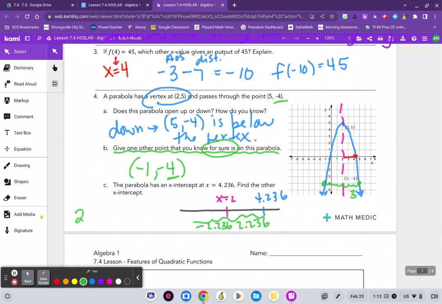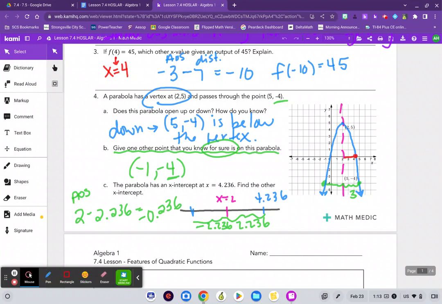That's my axis of symmetry, 2, and I subtract that distance, 2.236. When I do that, I get -0.236. Again, I'm using this number line to help me identify what the other point would be with that same distance away. I'm using this axis of symmetry, which is cutting down through the middle of these points.